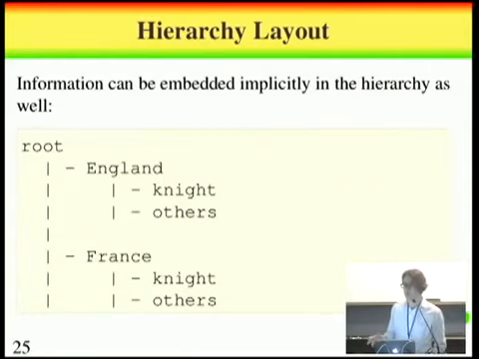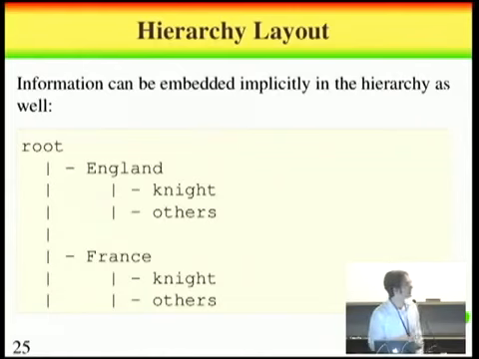You can go a step further with this too, since you can have infinite depth here. Say you also wanted location information like England or France, you can embed that information in terms of where you look on your path for these people. So let's sort of grok that. Okay.